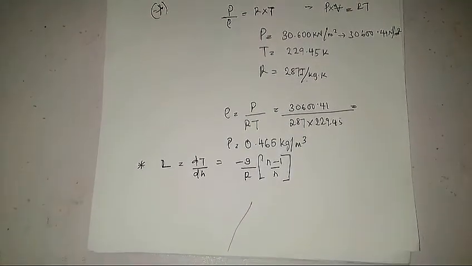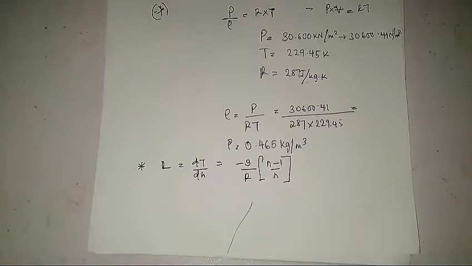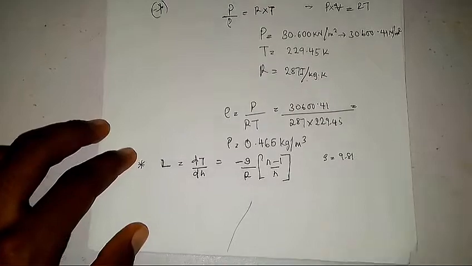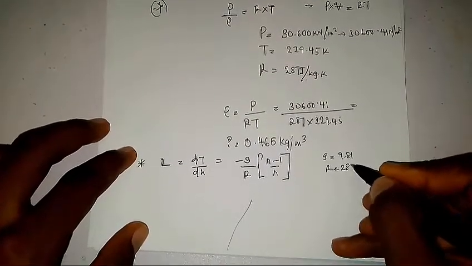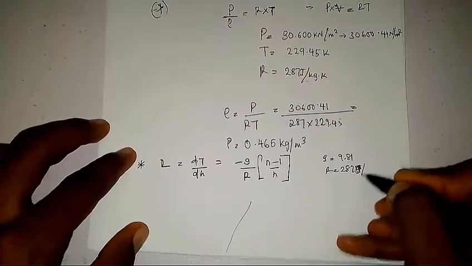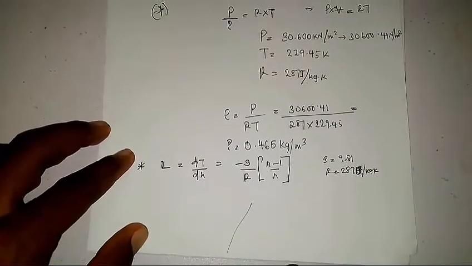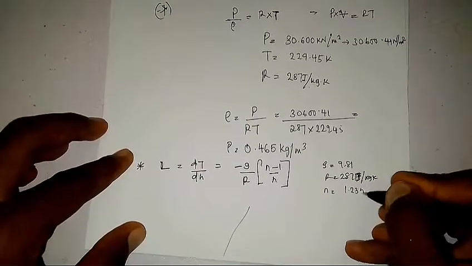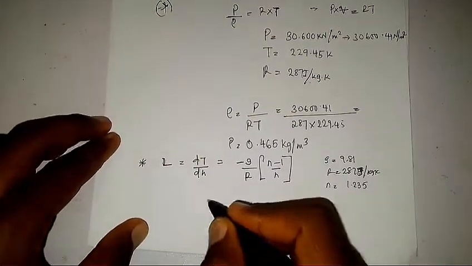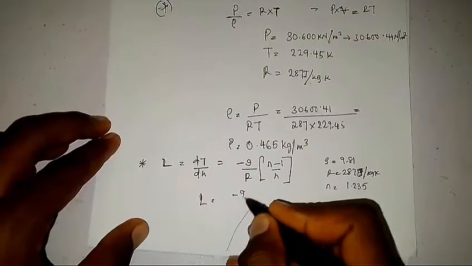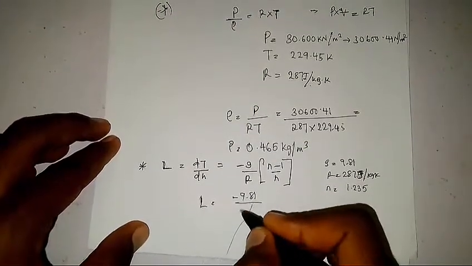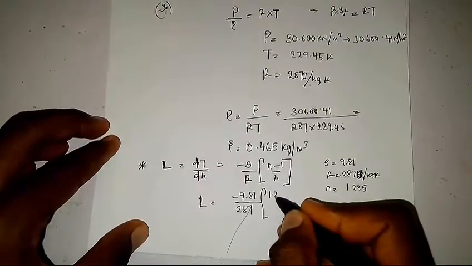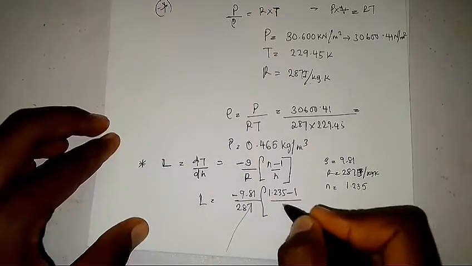So basically we are just going to input our parameters, since we are given G, which is 9.81, and R, which is 287 joule per kilogram Kelvin. Then we are given my n, which is my polytropic constant, which is 1.235. Then we can easily get my lapse rate. So L is equal to minus 9.81 divided by 287, open bracket, 1.235 minus 1 divided by 1.235.